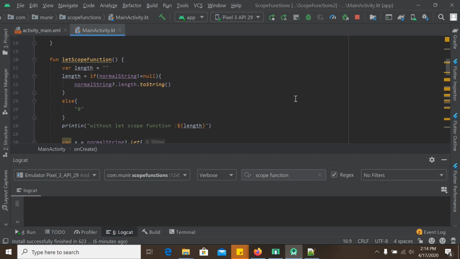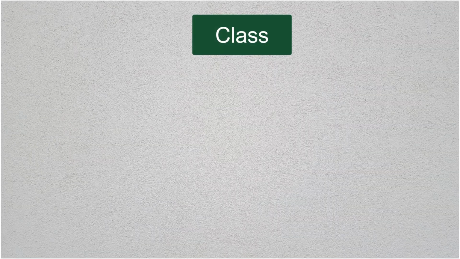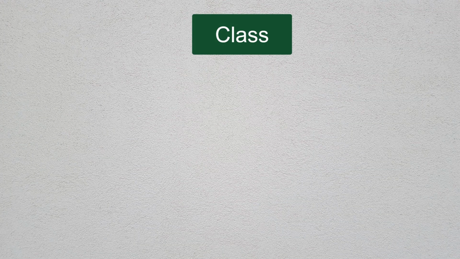But before starting run and with, I would like to show you the differences between this and it. Let's consider a class. We can instantiate the class by creating an object of that class.